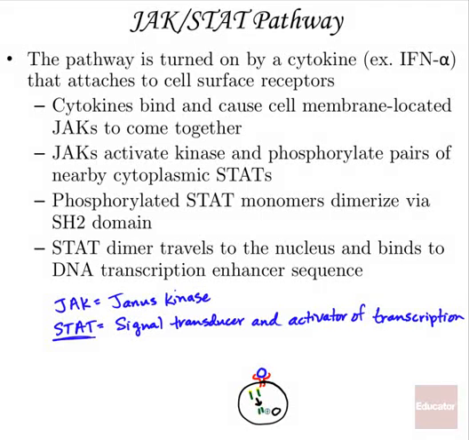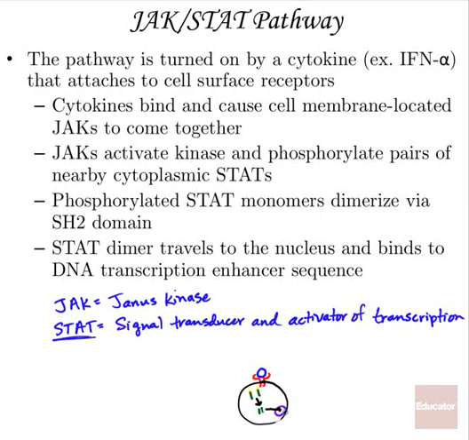And those STAT dimers will then travel to the nucleus, which we'll call the nucleus in purple over here. So that STAT dimer will travel into the nucleus and bind a specific DNA sequence related to transcriptional enhancement.